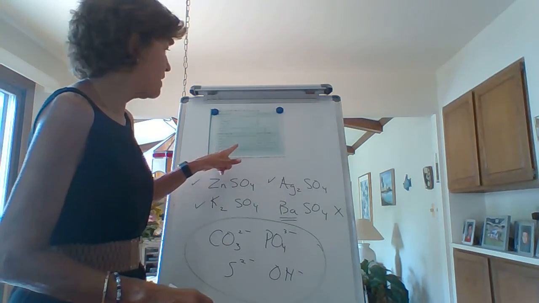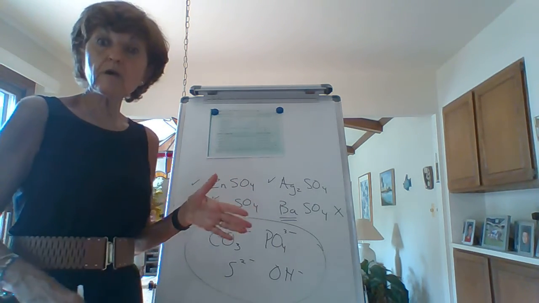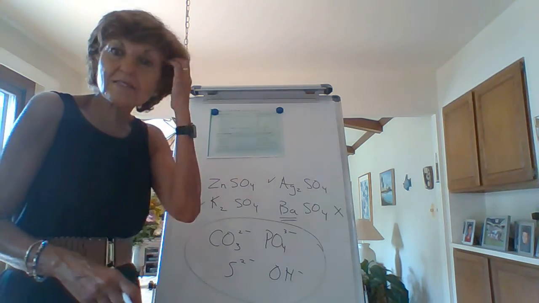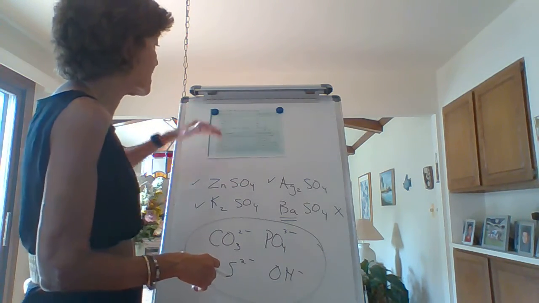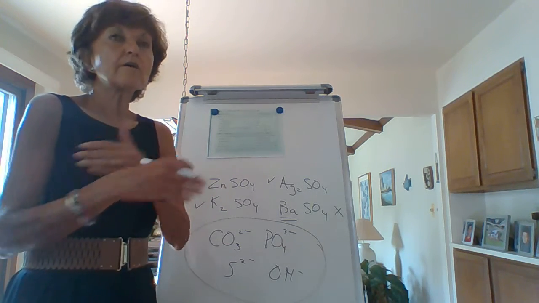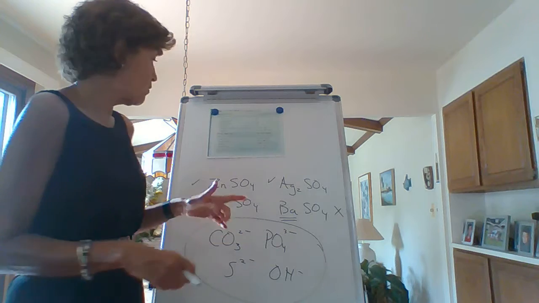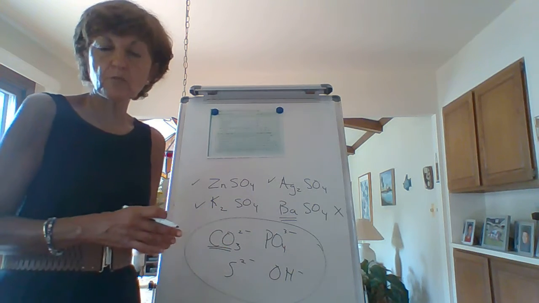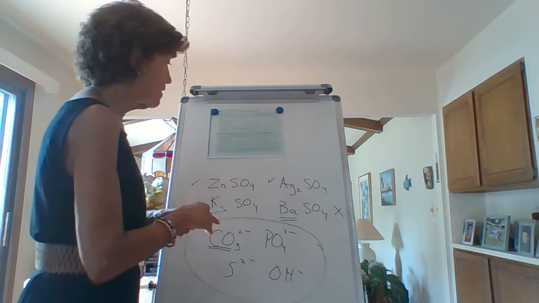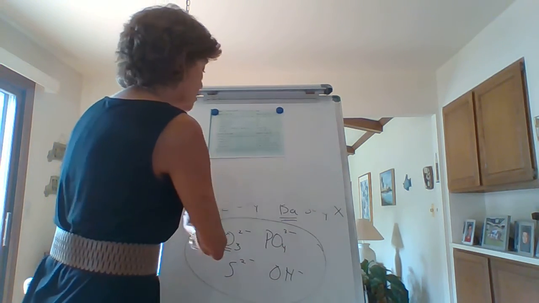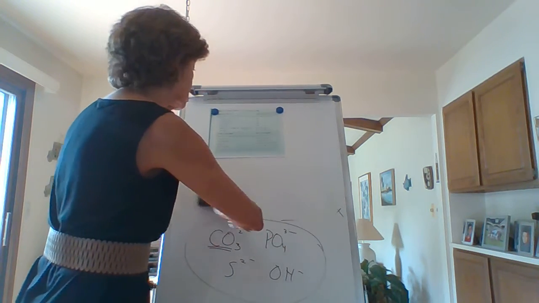For the carbonates, they're all going to be insoluble unless they're hooked up to group 1A or ammonium, which makes sense because over here we just said that group 1A and ammonium cations are going to be soluble no matter what. So even though all carbonates are insoluble, if you have a group 1A or an ammonium, they're going to make them soluble.